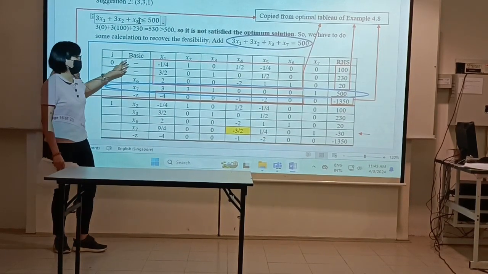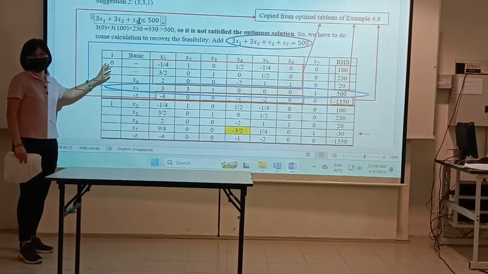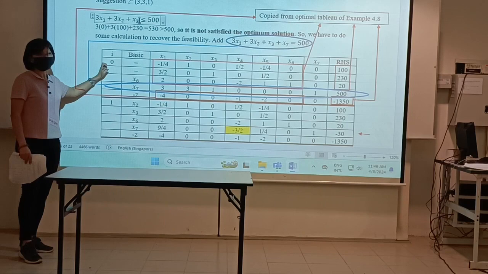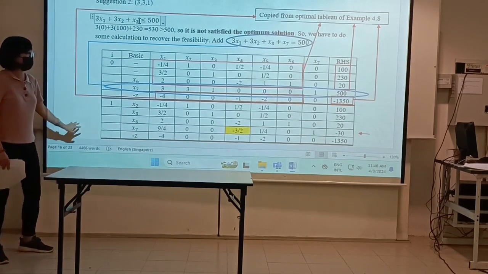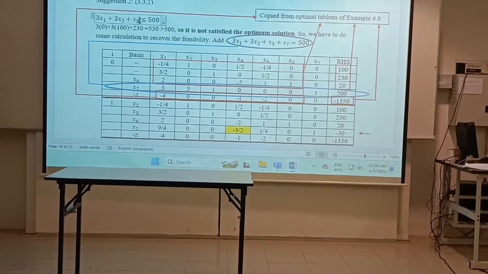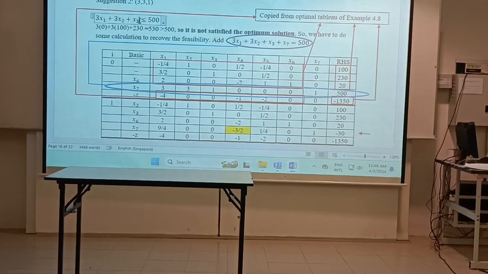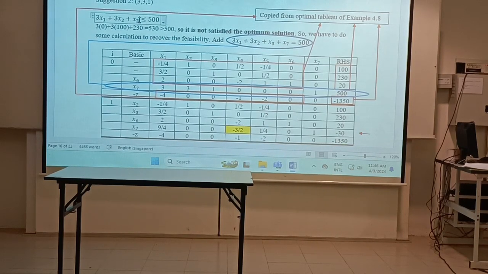So how are we going to update it? The way of updating is similar to the concept of the big M method. How are we going to update it here? Come, give it a try.